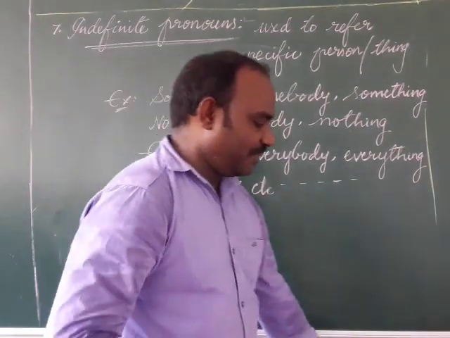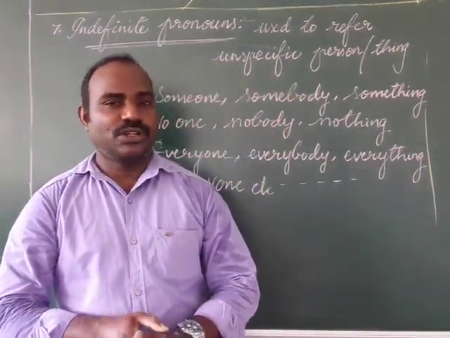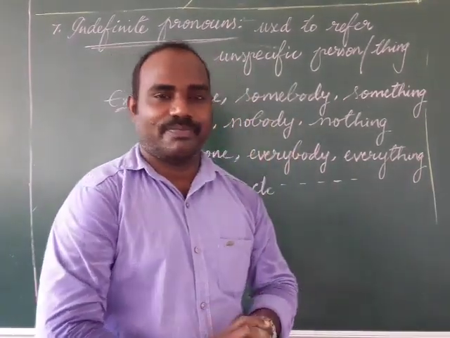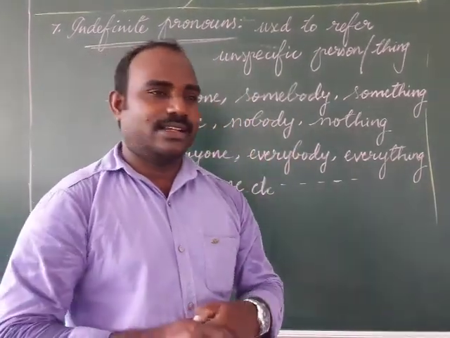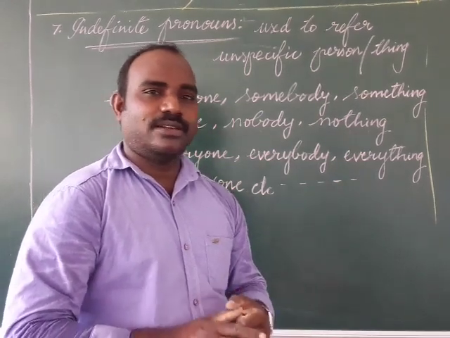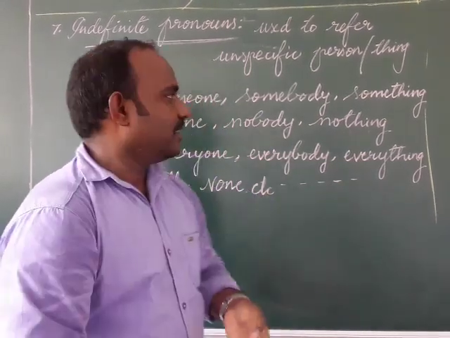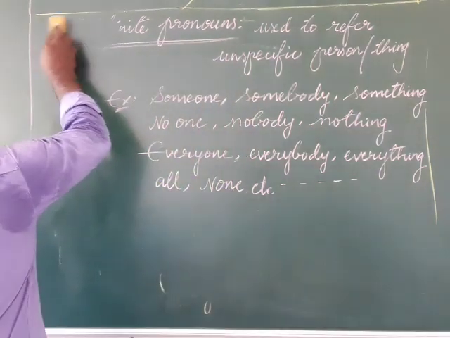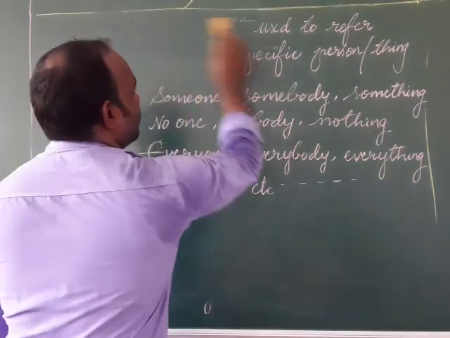Indefinite pronouns means here they are used to refer to unspecific persons or things. We cannot define exactly what the thing is or who the person is. Okay, write these examples, and we are going to the next type of pronoun.